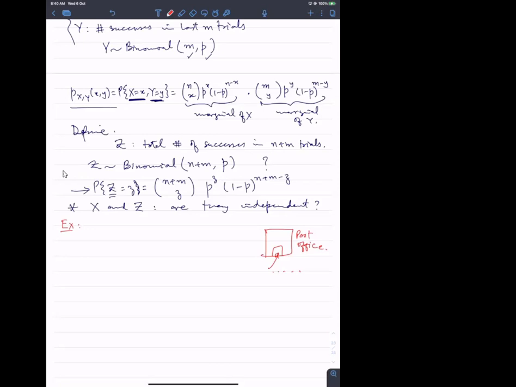Let's say that the number of people entering the post office is defined as a Poisson with parameter lambda. Lambda is the rate of Poisson.